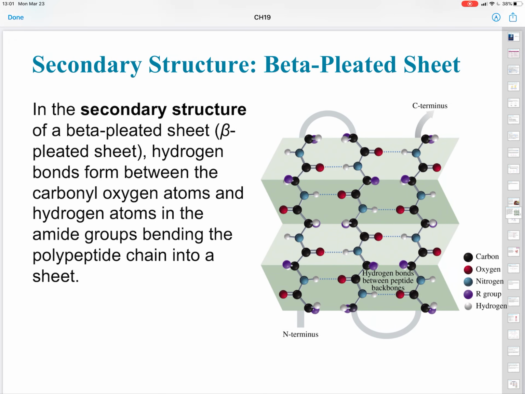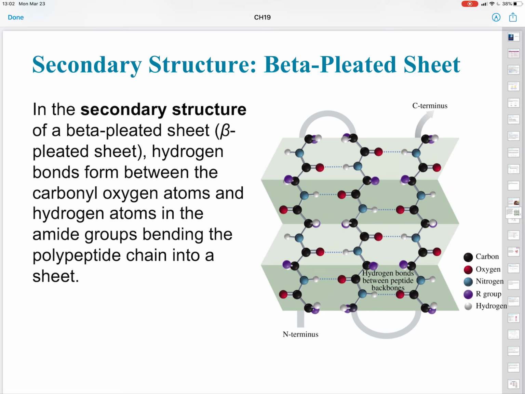The secondary structure here is a pleated sheet. And there are a few different types of pleated sheets. There's parallel and anti-parallel. We won't worry about that. What that really just refers to is whether the chains are going in the same direction or going opposite.